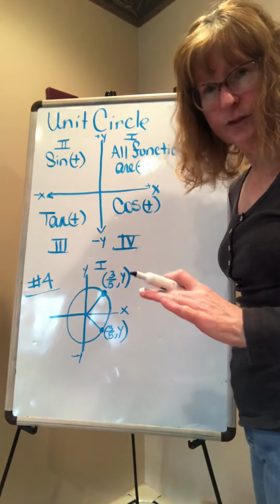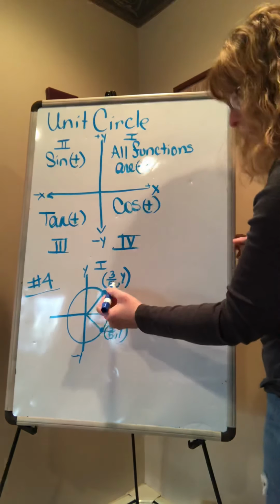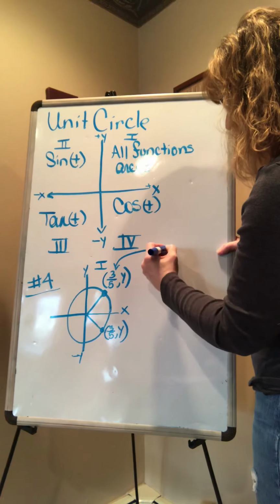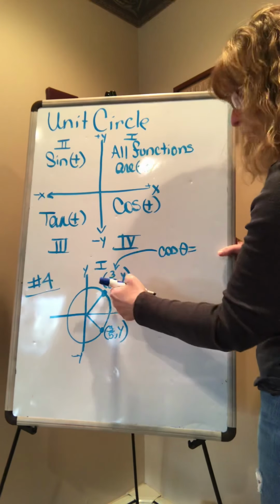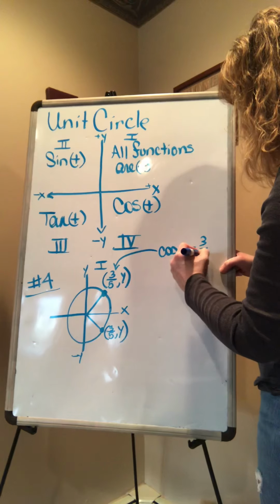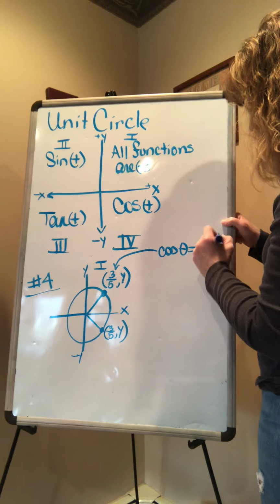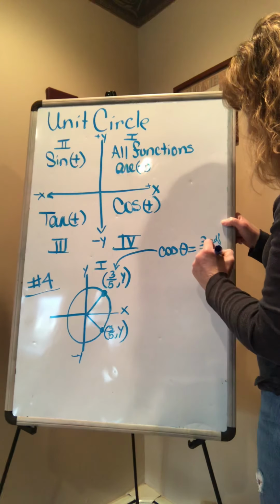So that's why they said determine all the points. Now, let's also take a look at if I'm on the unit circle and cosine theta equals the x-coordinate 3/5, that means 3 is the adjacent side and 5 is the hypotenuse.